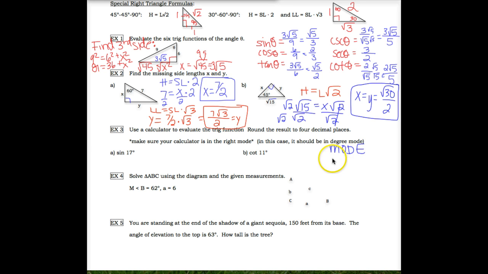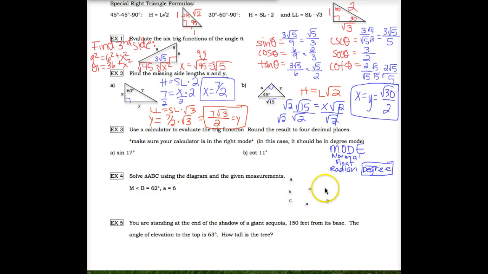And in the third row down, you should see normal, float, and underneath it, radian, degree. We want to make sure that degree is what is darkened. If it's not, you need to scroll down to it and press enter over top of the degree, because degree needs to be the darkened mode right now.